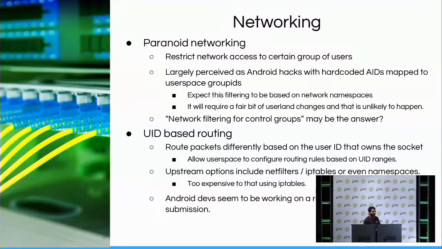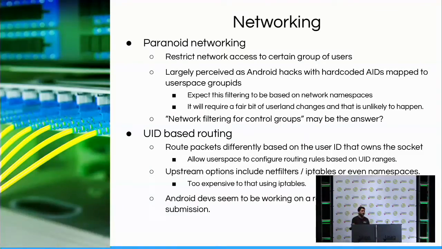Next is UID-based routing. Typically a phone is connected to multiple networks at a time, so a host has more than one interface to send out a particular packet. What UID-based routing does is allow user space to configure routing rules based on the UID.